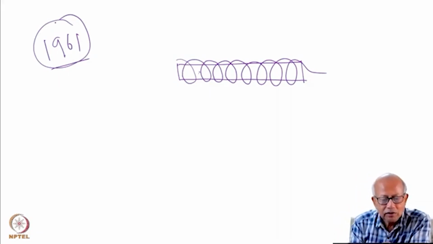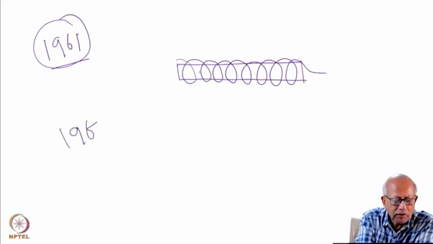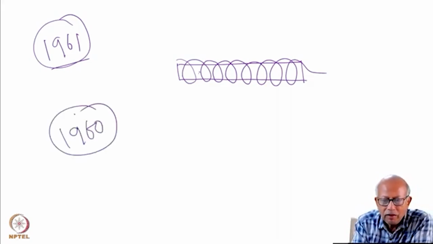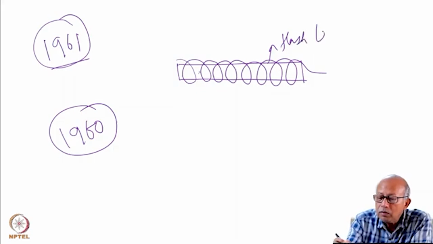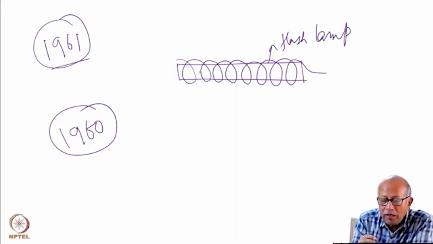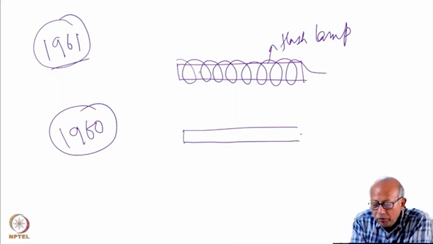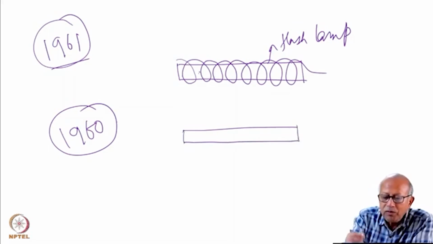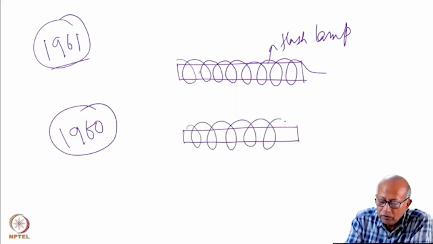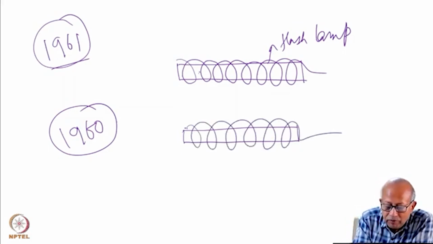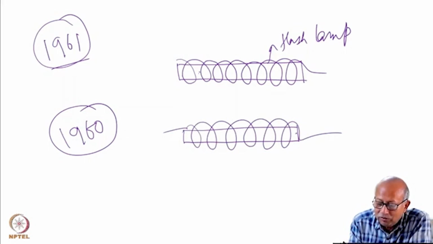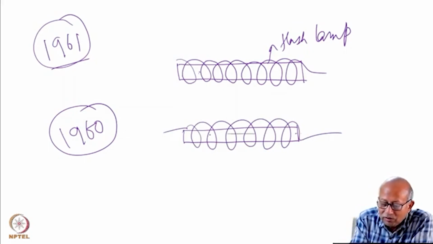In contrast, the very first laser that Maiman operated in 1960, if you remember, this is the flash lamp, and Maiman used a solid ruby rod and pumped it by a helical flash lamp. The flash lamp was wound around it in the form of a helix, and the ruby rod was placed at the center of the helix.